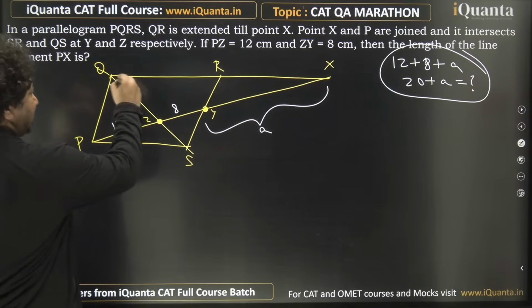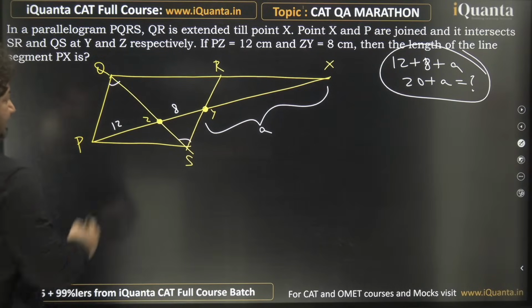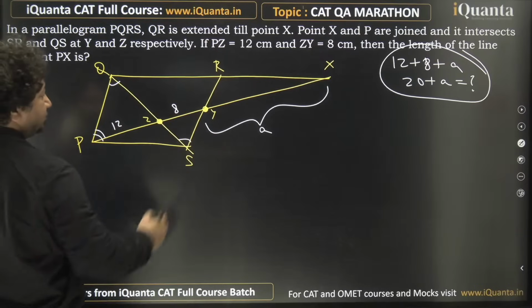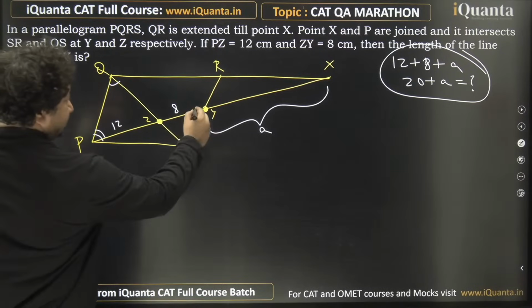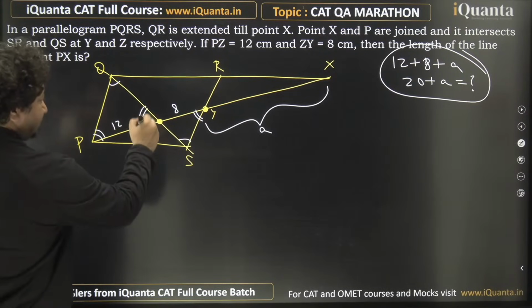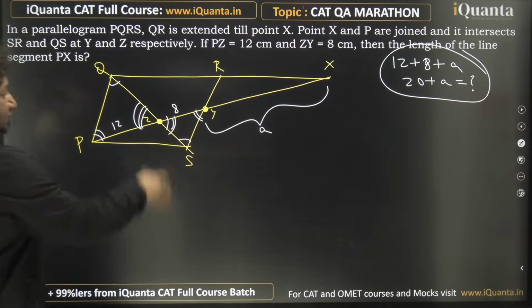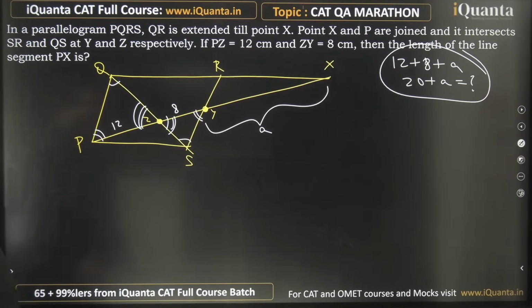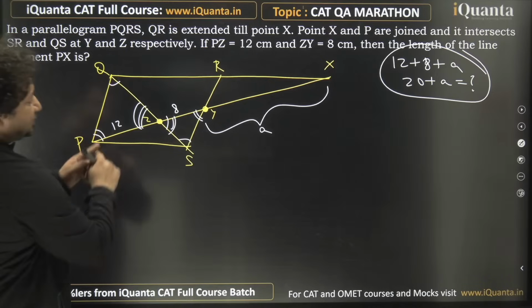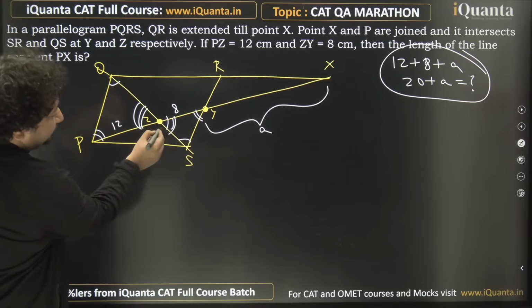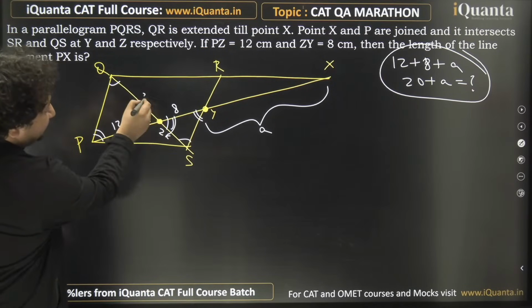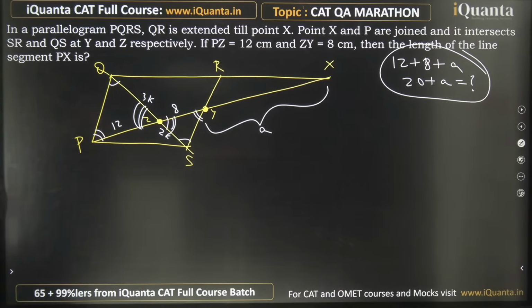Parallelogram है, so this angle is equal to this angle, and similarly this angle is equal to this angle, and this is equal to this. So basically these two triangles are similar. Yes or no? These two are similar. So 8 by 12 is 2 by 3. That means if this is 2k, this will be 3k. Can I say that? Yes or no?